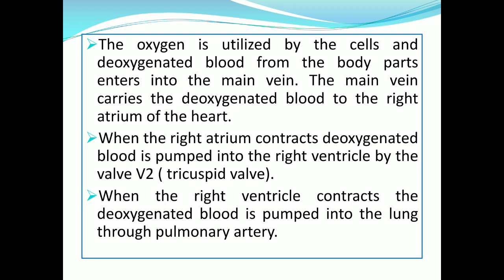This vena cava carries the deoxygenated blood to the right atrium of the heart, and when the right atrium contracts, this deoxygenated blood is forced into the right ventricle through valve V2, and valve V2 is called the tricuspid valve.